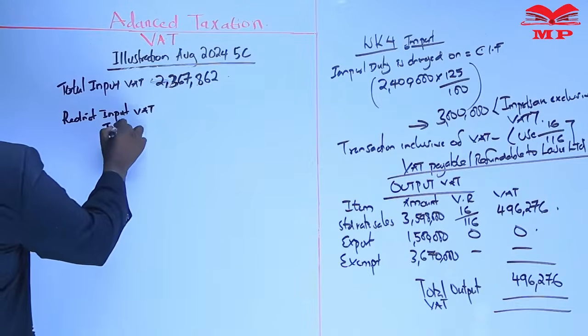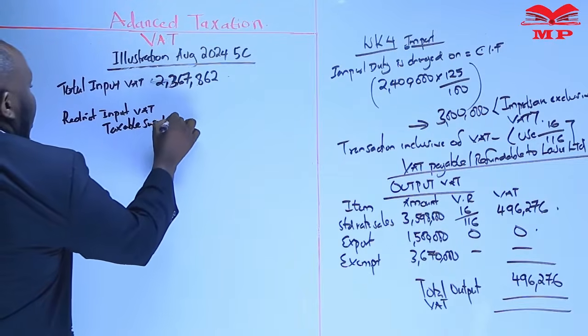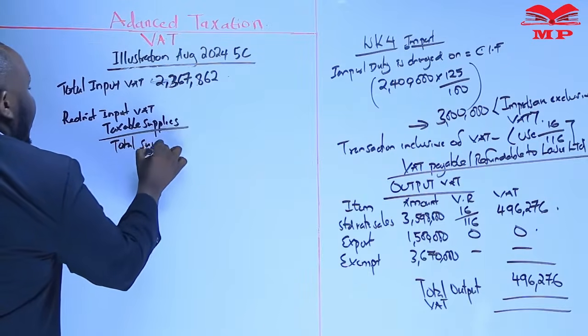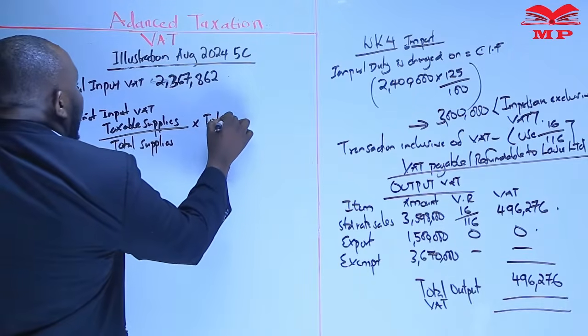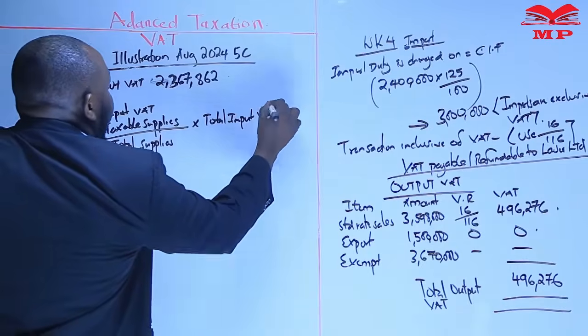So how do you restrict input VAT? We say that taxable supplies over what we call total supplies times total input VAT.